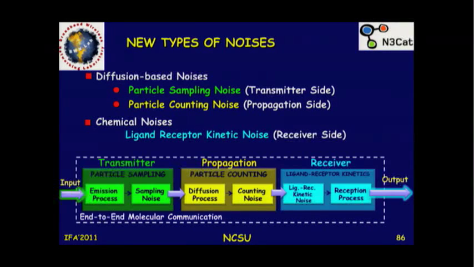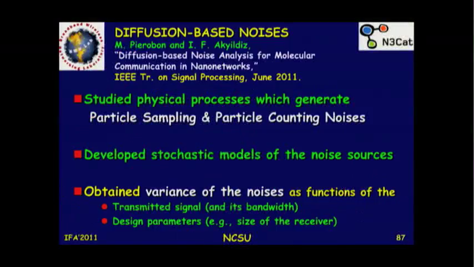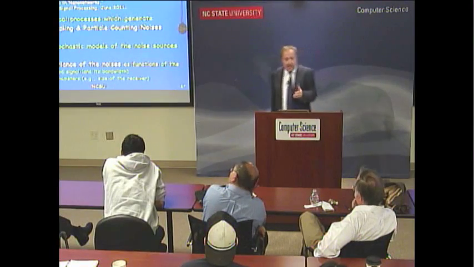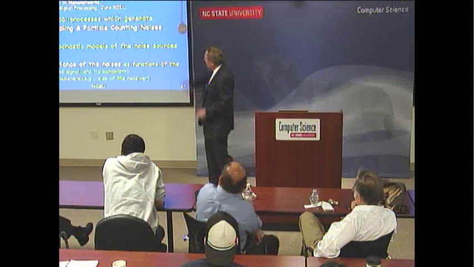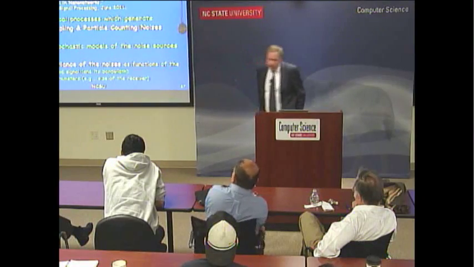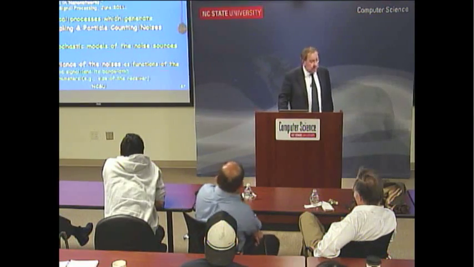And the same thing in the receiver. Some of them are received by the ligand receptor, but some of them cannot be received successfully. So some of them are lost. And there are, again, additional receiver losses. So we have these three types of noise problems that we also captured. The first two, we are having this paper in Transactions on Signal Processing in June 2011.